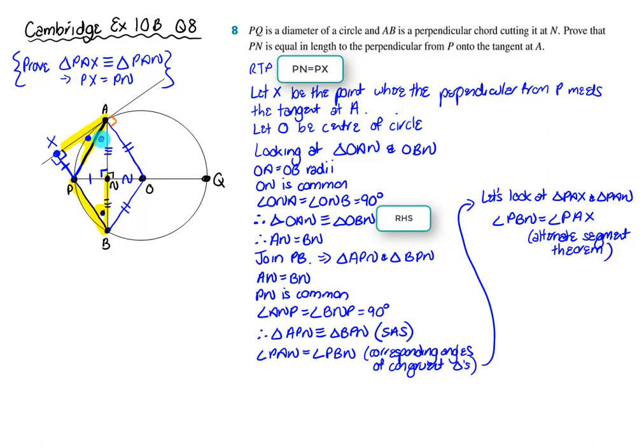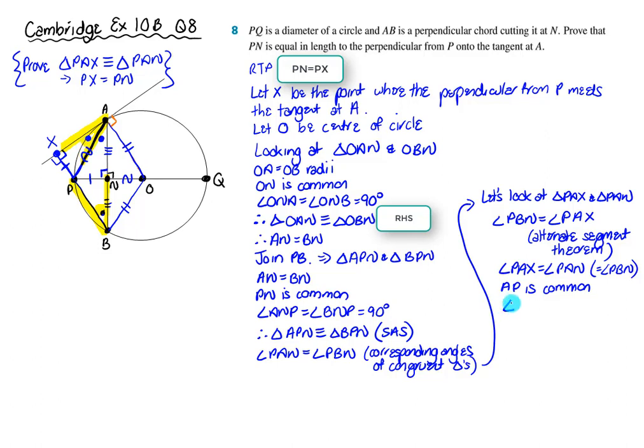Okay, so when we look at those two triangles, we have angle PAX equals angle PAN, because both of those equaled angle PBN. We also know that AP is common to both of those triangles, that one there.